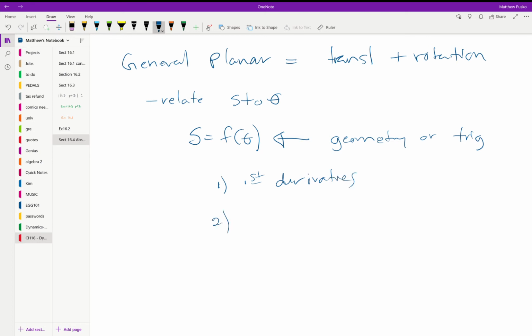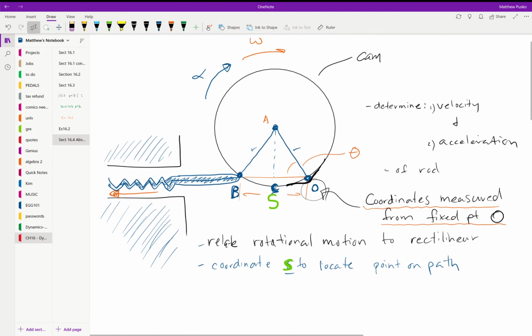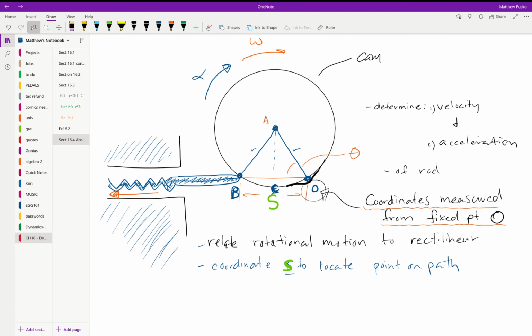And we can figure out the relationships between the acceleration and alpha by taking the second derivatives. Alright, velocity and acceleration. Okay, so I'm going to jump right into this problem where we have a cam.